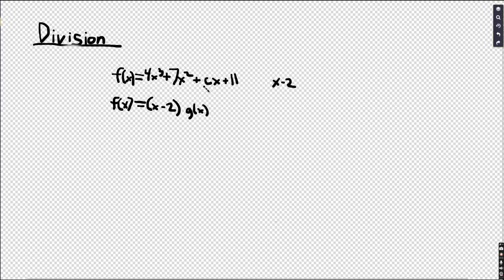How can we find this missing coefficient and keep it as simple as possible? Well, if we know the factor, we know that if we make x equal to 2, then that expression is going to be equal to 0, so we're just multiplying by 0. So if x is equal to 2, the expression is equal to 0.